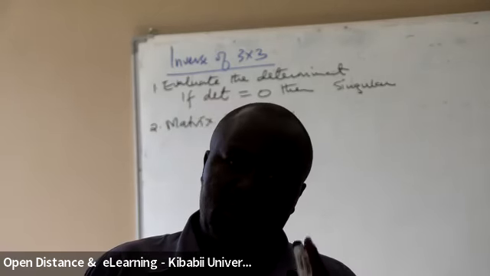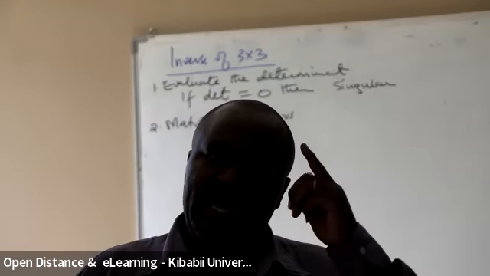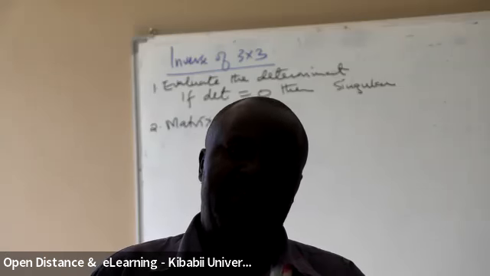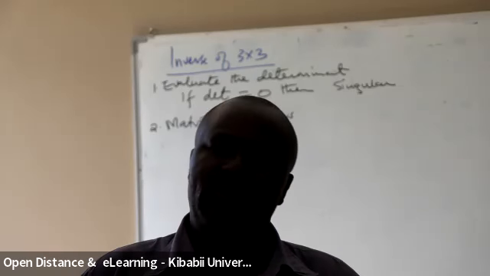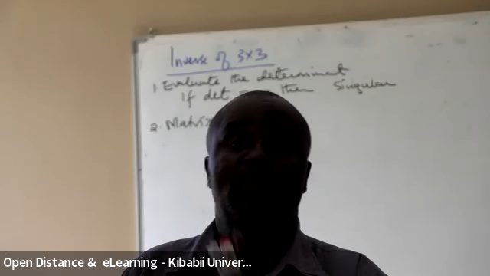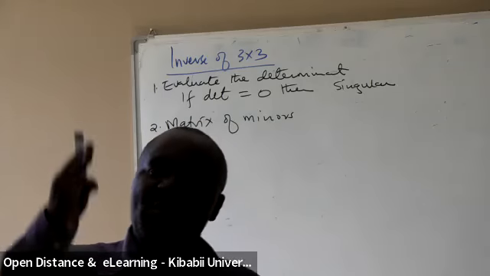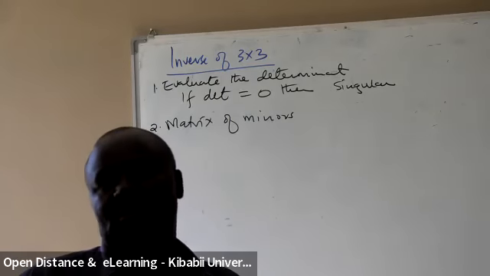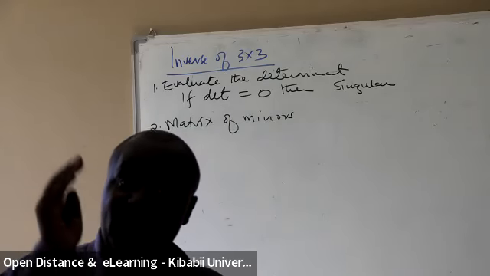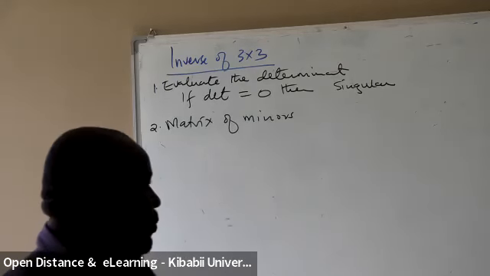This is a matrix obtained by replacing each and every element of the matrix by the determinant of its reduced 2 by 2. What do I mean? We must reduce and find the determinant after reducing each element to 2 by 2.